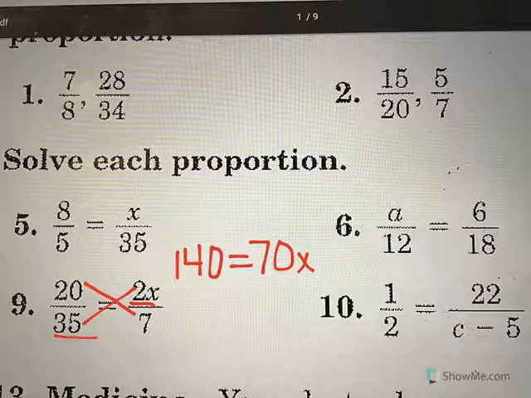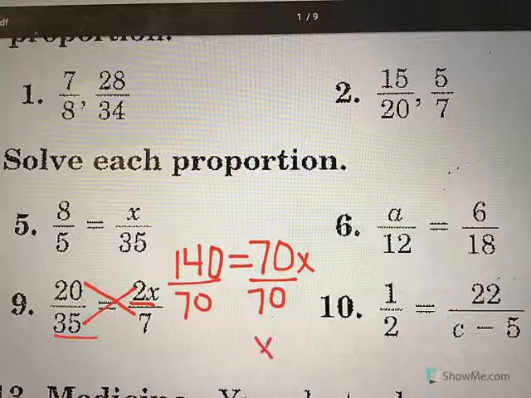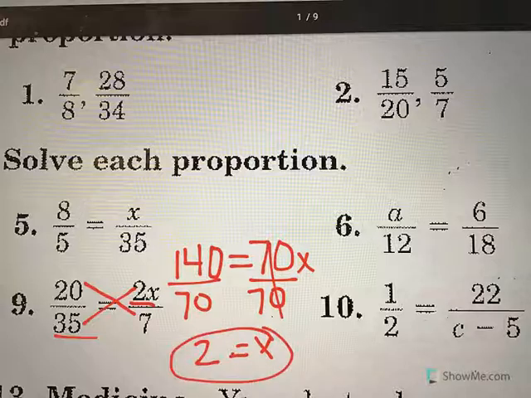So what you're really just saying is 70 times what equals 140, but to solve it algebraically, isolate the variable, get the x alone. What am I doing? I'm multiplying by 70. What's the inverse or opposite of multiplying by 70? Dividing by 70. Whatever you do to the right side, you do to the left side. And so what you're left with is x equals 2. And that's our answer.